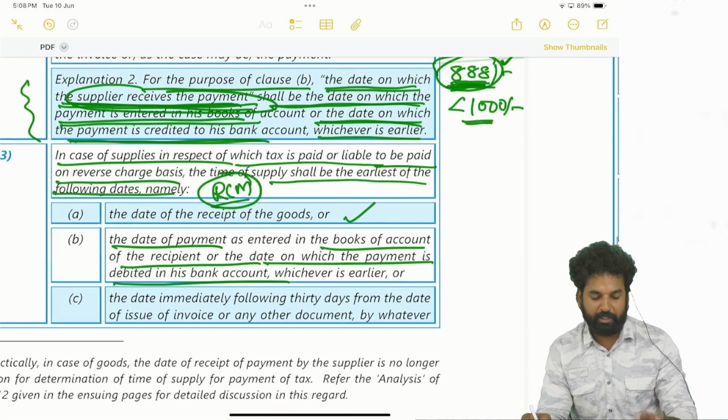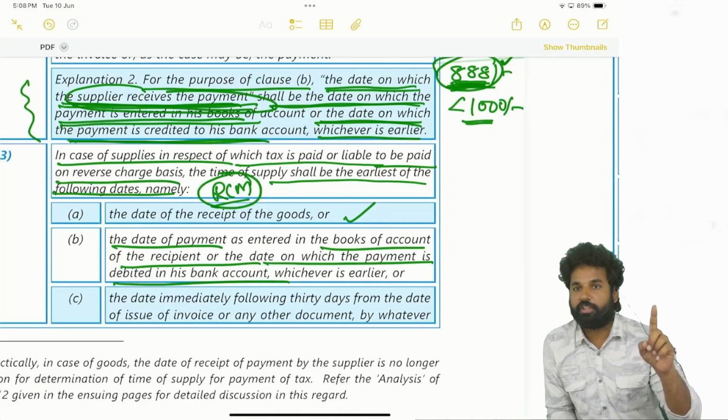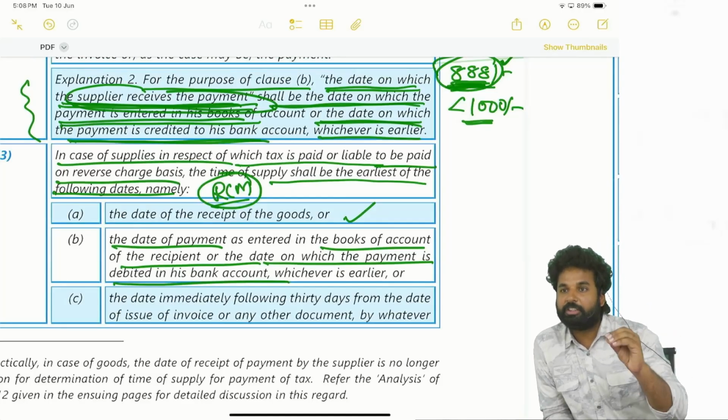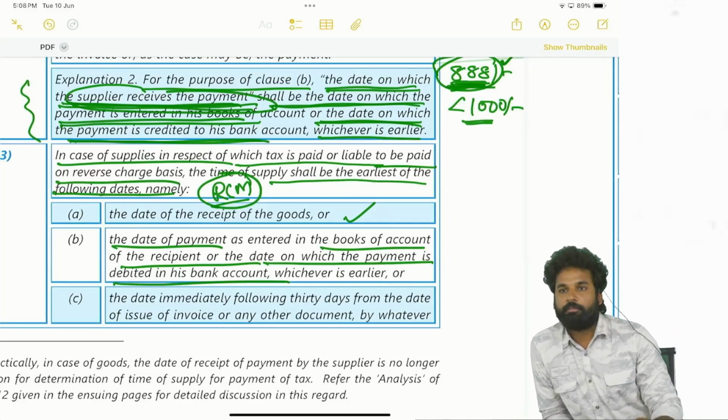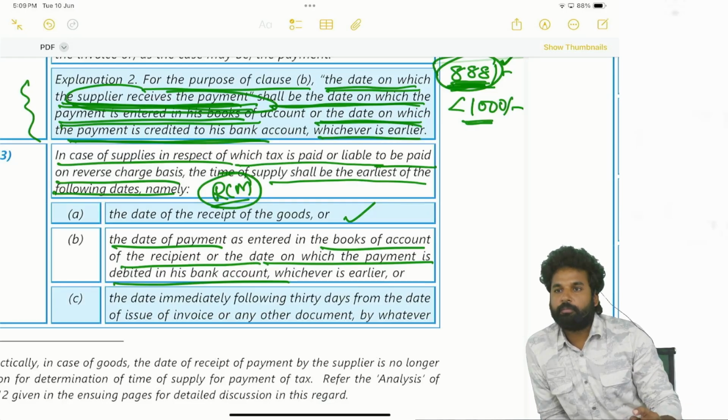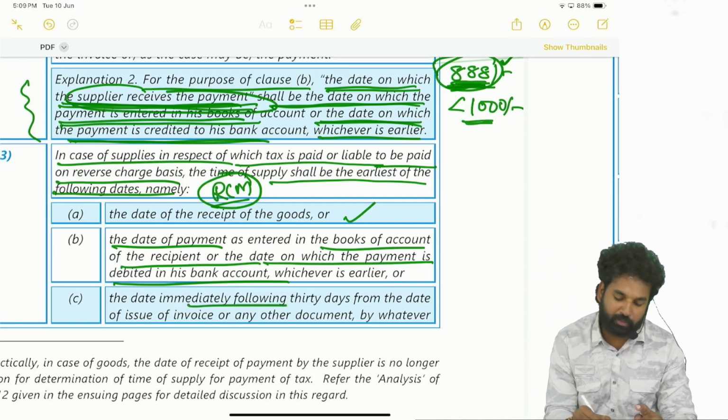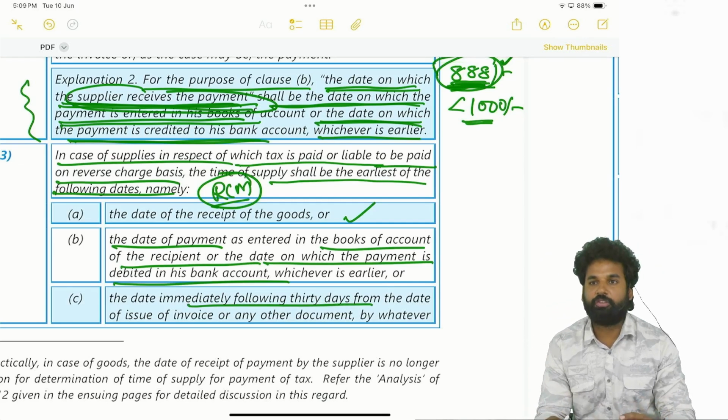In the earlier clause in section 12 subsection 2, it is mentioned as date of payment, and for that an explanation says that date of payment means date of credit or date of entry in the books of accounts, whichever is earlier. Here it is directly given as date of payment or date of entry in the books of accounts, whichever is earlier, or the date immediately following 30 days from the date of issue of invoice.